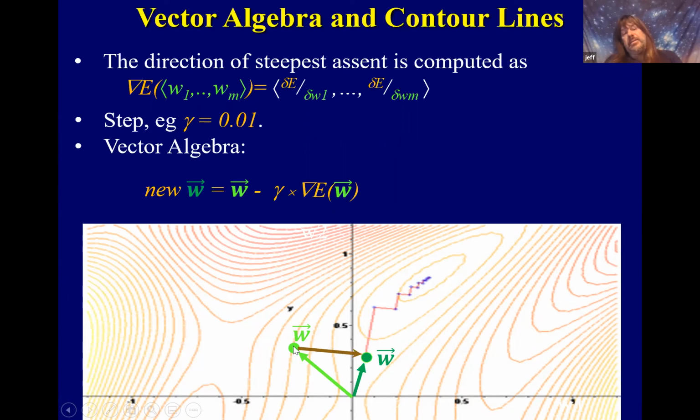And what does that mean? This light green dot can be thought of as a vector from the origin, where we are currently located. And this is the vector of how we're changing. So we add this vector to this vector, which gives us this vector, which is our new weights, right?